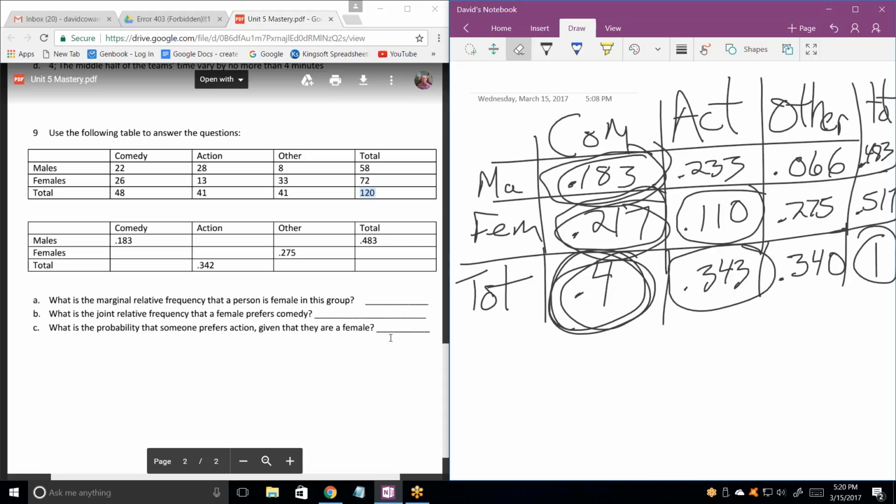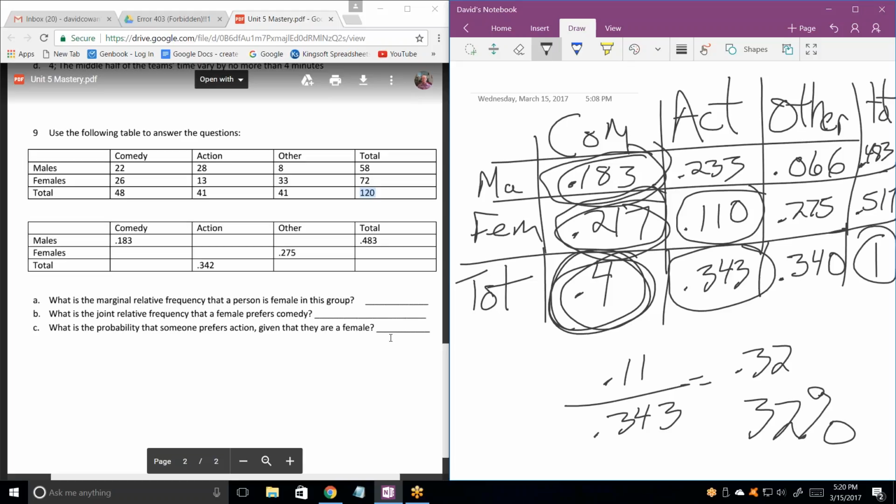So I get 0.11 divided by 0.343. What's that give you? 0.32. So 32% is the probability that if somebody is a female, they prefer action.